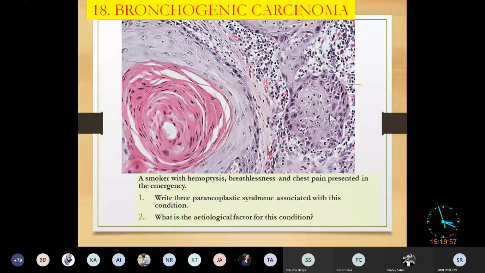No. They have variation in size and shape. And here you can see these tumor cells have hyperchromatic nuclei, or vesicular with clumped nuclear chromatin. Okay, and they have nucleoli.